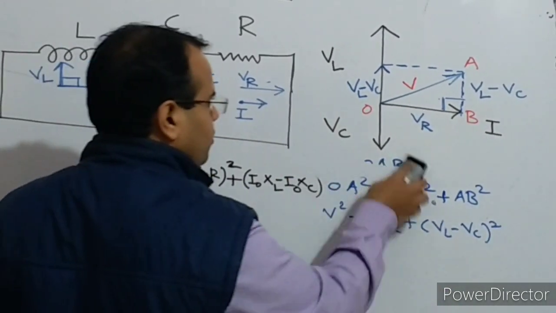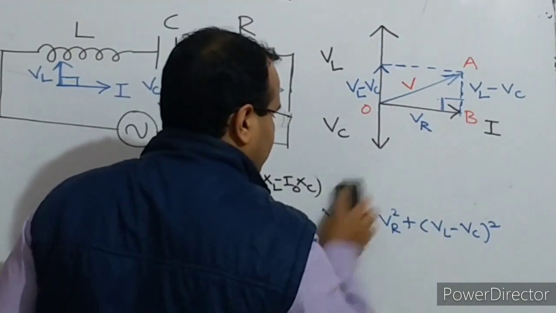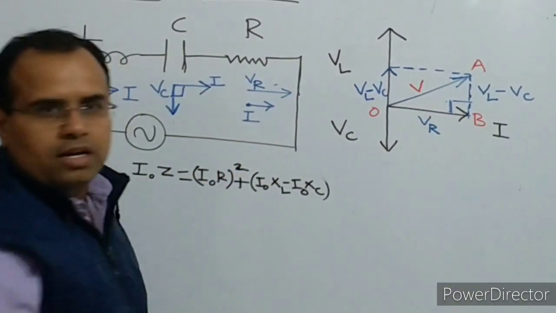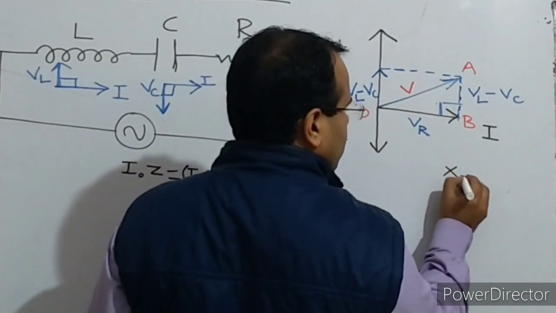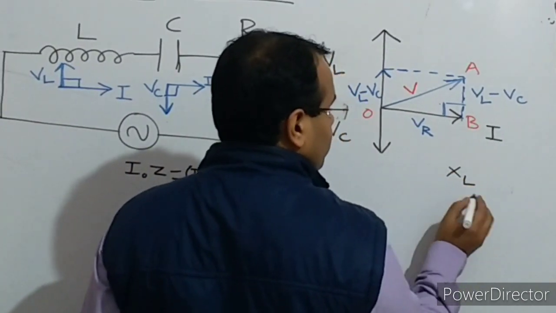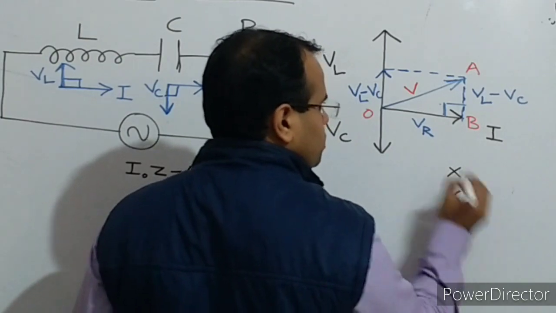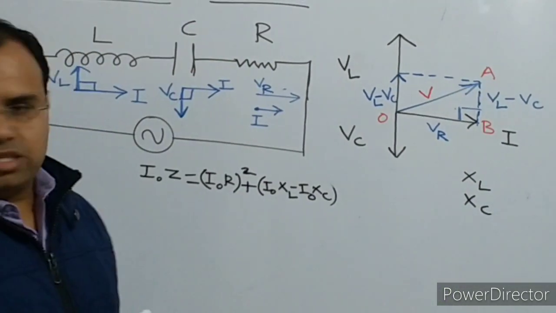We know that VL can be written as I naught XL and VC can be written as I naught XC, where XL is called the inductive reactance and XC is called the capacitive reactance.